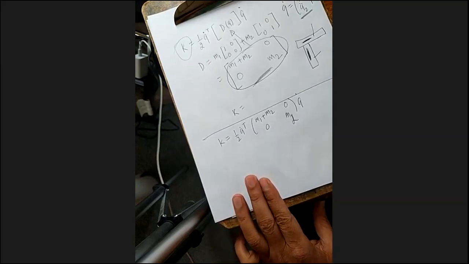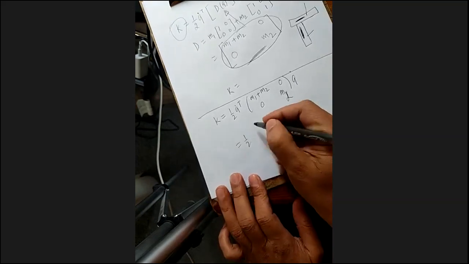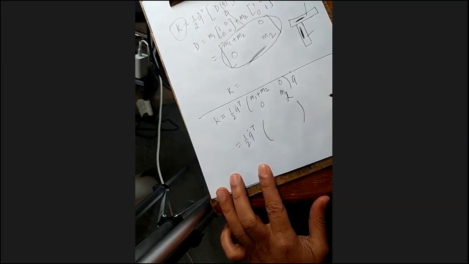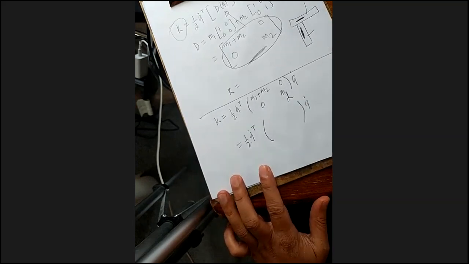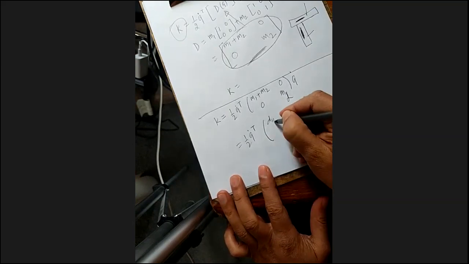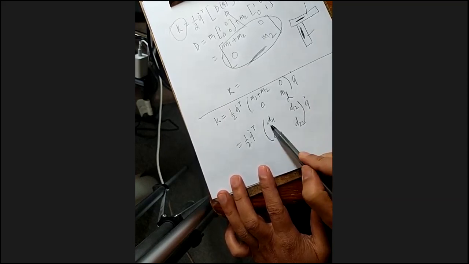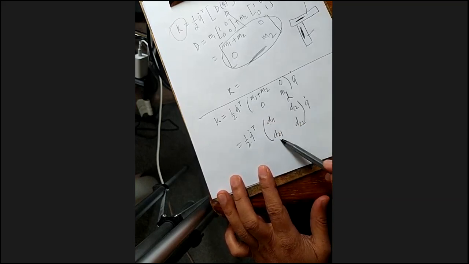So what I'm doing here is writing this as Q dot T. Stop me wherever you have to. Can I write this matrix as D11, D12, D21, and D22, where D11 is M1 plus M2, D12 is 0, D21 is 0, and D22 is M2?